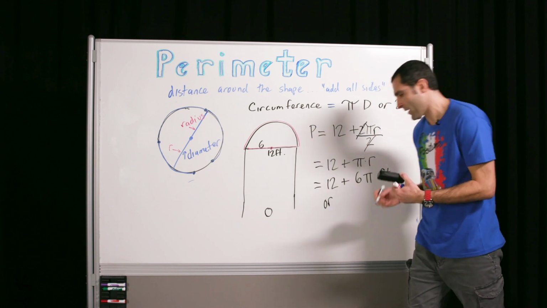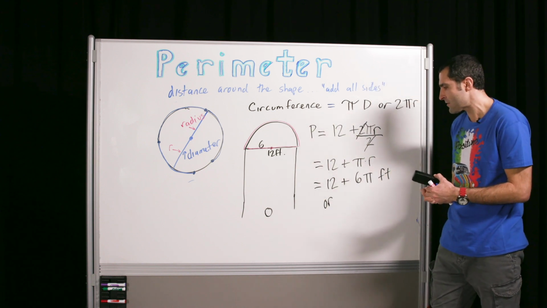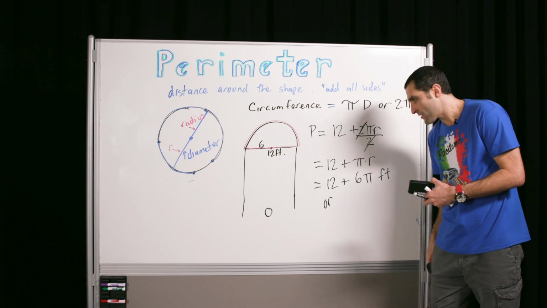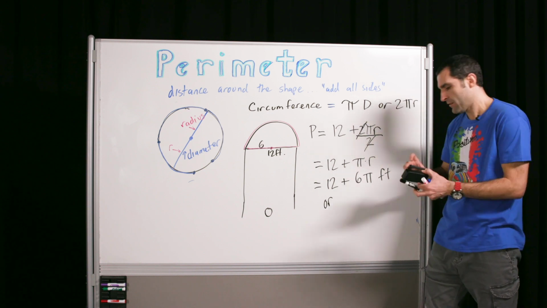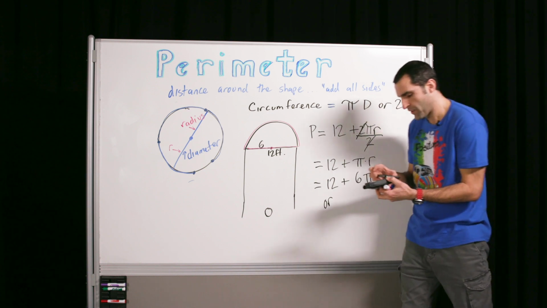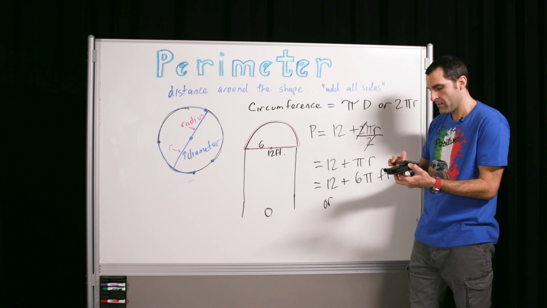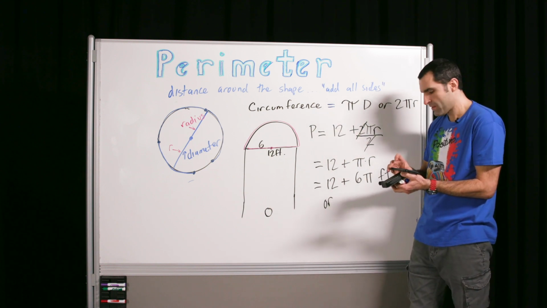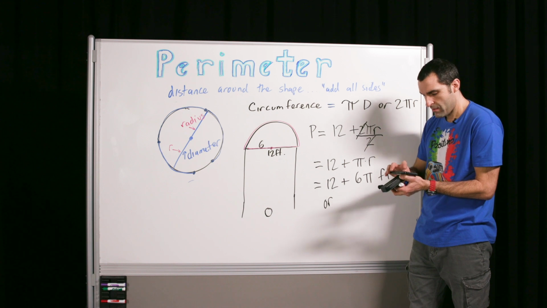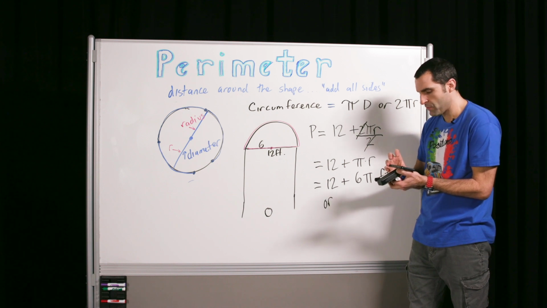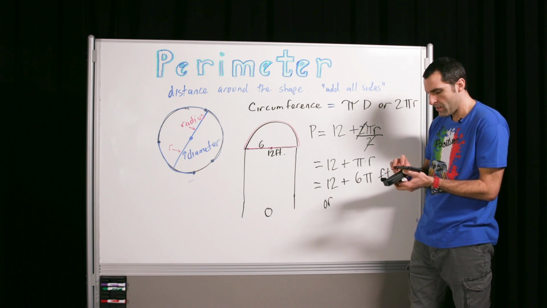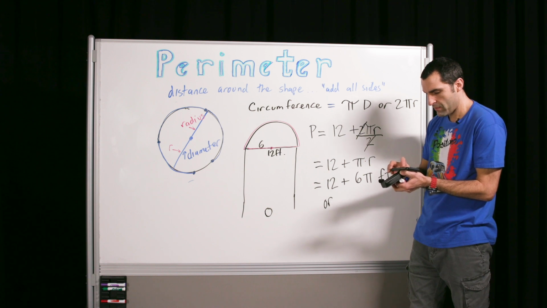Or if you wanted an actual feet measurement, let's see, hopefully the phone's still, yeah, cool. I reset the settings so it wouldn't lock on me for moments like this. So 6 times pi, you could do it with me at the same time, equals, I did 6 times pi plus 12.